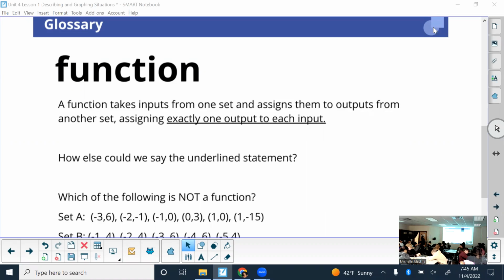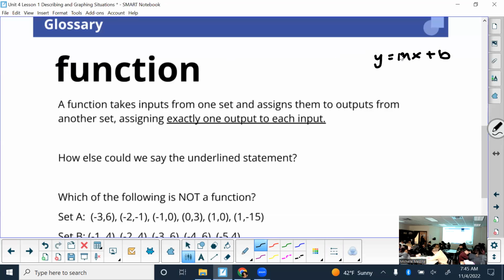So think about when we did graphing. What are our outputs usually represented by? Okay, so which one, the x or the y? I think most of our graphs are in the form y equals mx plus b, or could be rearranged into that form. Which one is usually our output?